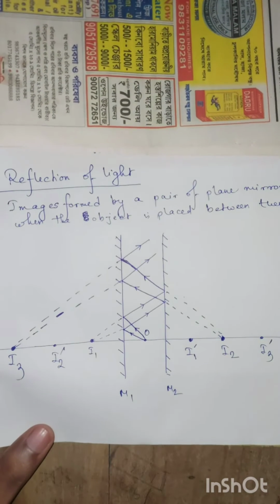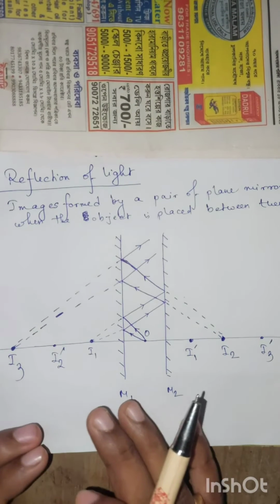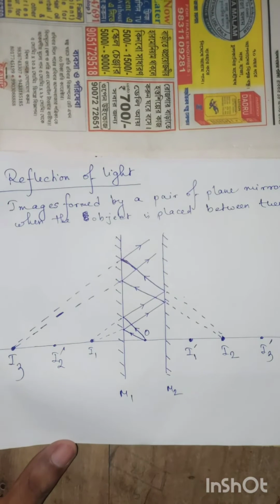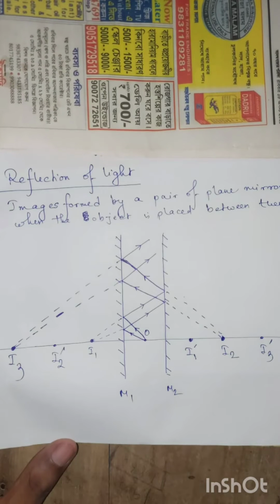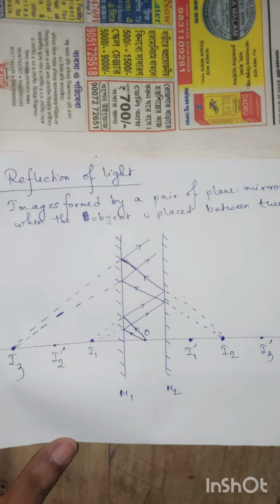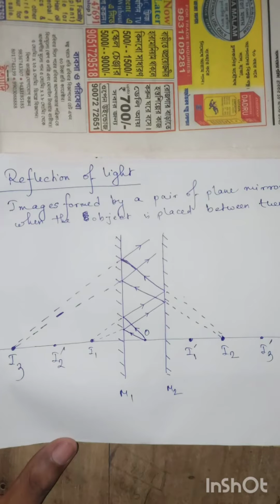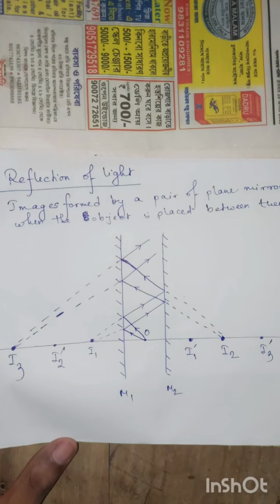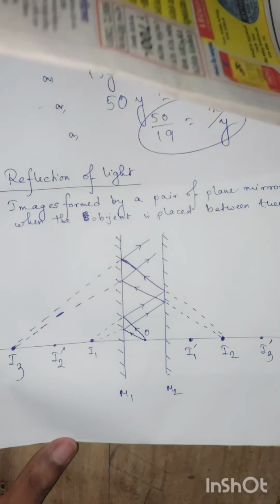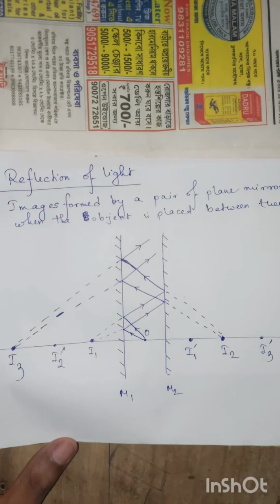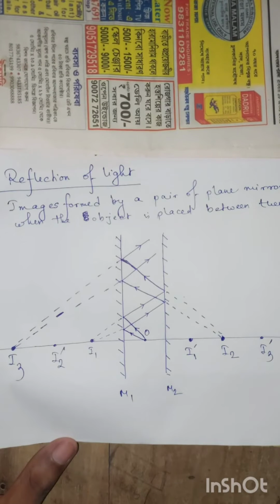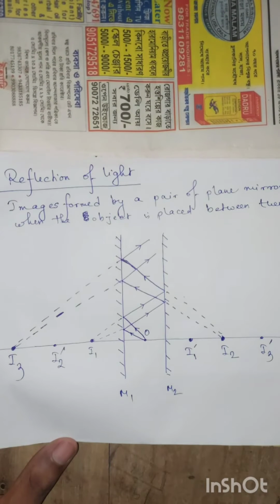Many images are formed, but the brightness of the images keeps on decreasing, because at each reflection, some light energy is being absorbed.